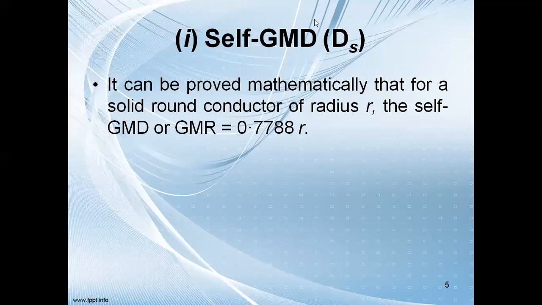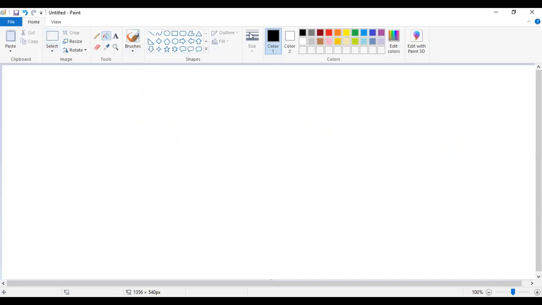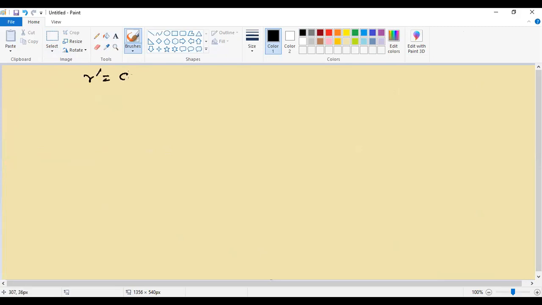So actually I mean this particular term: we did R dash equal to 0.7788 R, and finally we substituted log of D by R dash. Can you remember that term?